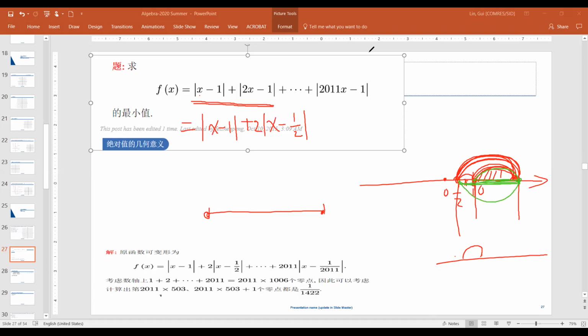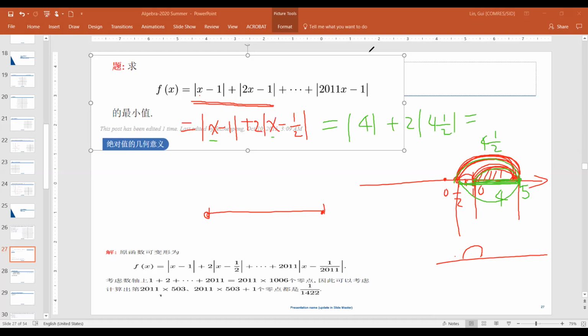Suppose here we still give 5. The distance to the 1 is 4. The distance to the half is 4.5. Right? So if you give 5 here, here is 4, plus 2 times 4.5.